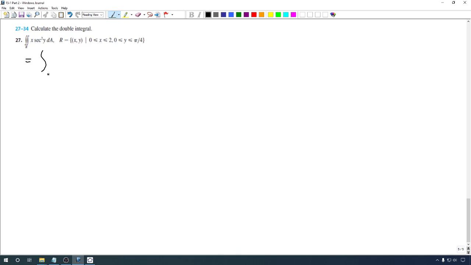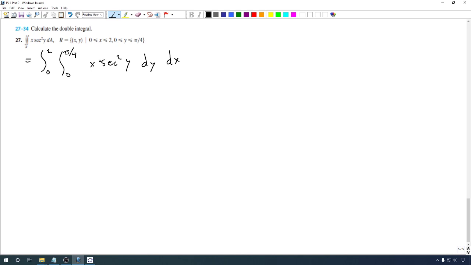So 0 to 2 for x's, so the dx will be at the end. Then we'll go from 0 to pi over 4 for y's. We have x secant squared y dy dx. Now there is something kind of interesting that happens here. Notice that when we do this integral, we're integrating with respect to y.